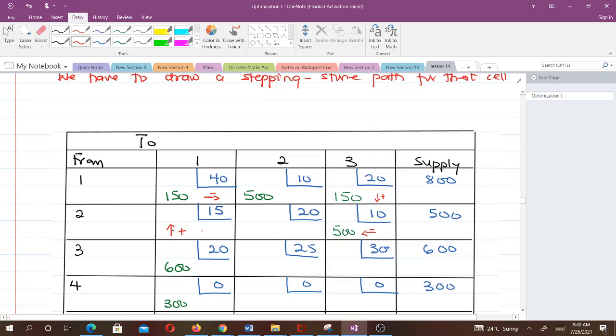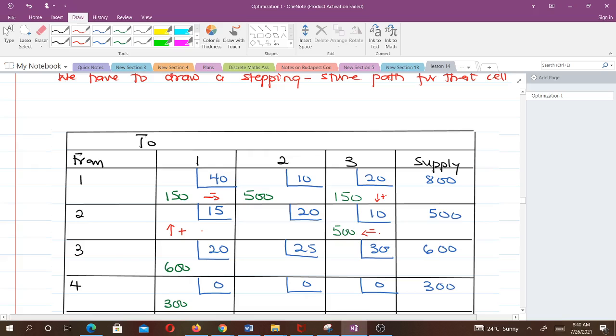So we start here and we draw the stepping stone path using the cells with allocation. So we go here, saying there is an allocation here, and since we start here, this is positive, this is minus, so that it nullifies the effect in that column. Now we go here, so that this plus and minus also nullify that, and this also, so that we have the plus and minus nullifying out.